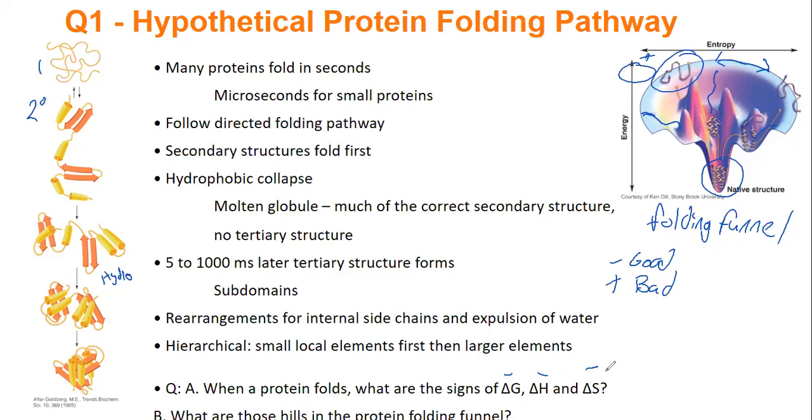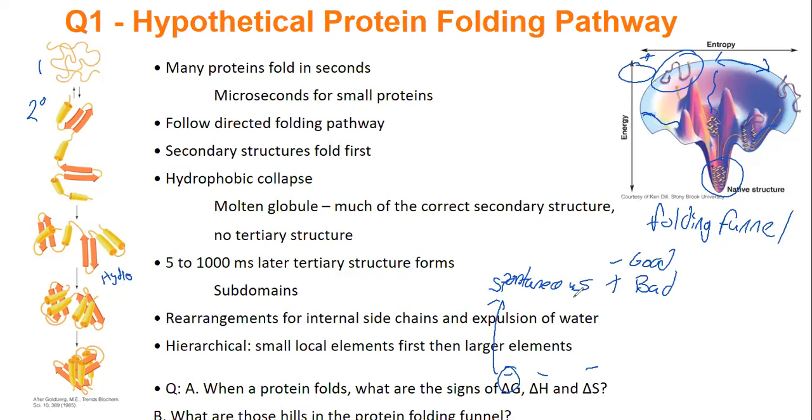So let's talk about this. Why is delta G negative? Well, that means spontaneous, right? So when a protein is folding, it is spontaneous. Generally, for most proteins, we don't have to put energy in to fold it. It will fold by itself.